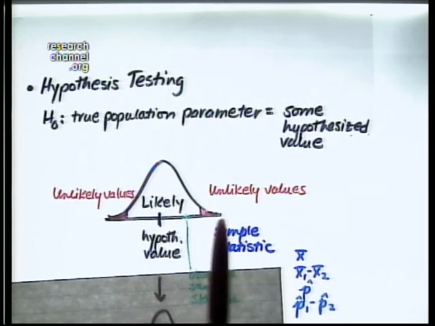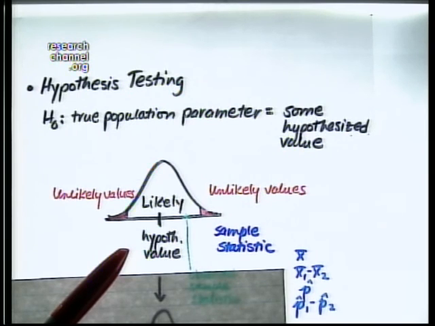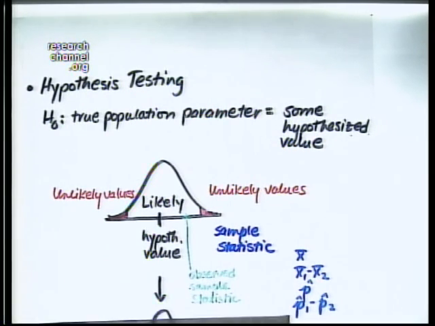Whereas ones that are far in the tails of the distribution are unlikely values of the sample mean if the hypothesis is true. So we're hedging our bets a bit, and we're making a guess about the true value in the population, and we're looking to see where our observed sample statistic falls in that range of possible values.